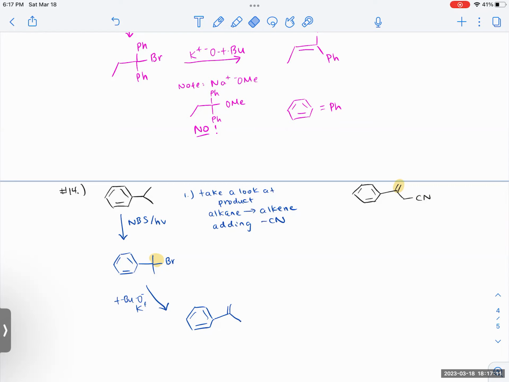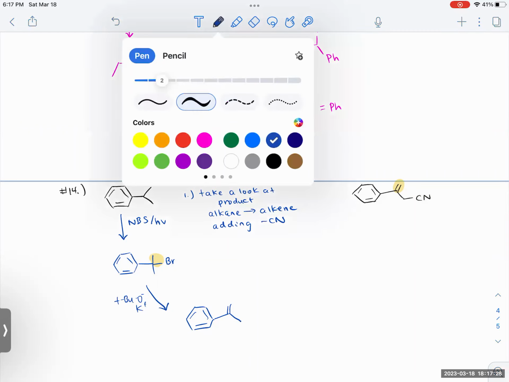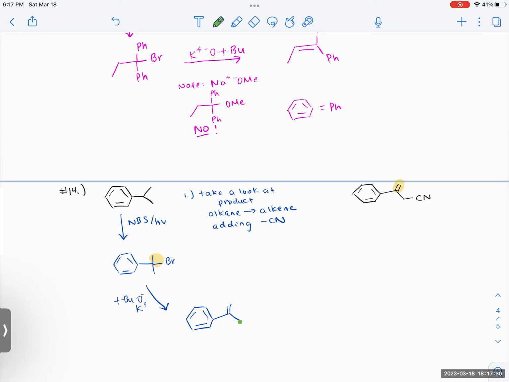So now we have an alkene here. And oh, look. Oops, I didn't mean to do that. This carbon, we have an allylic carbon.